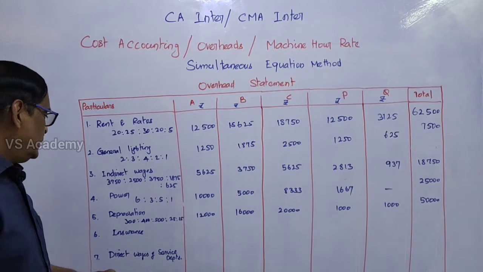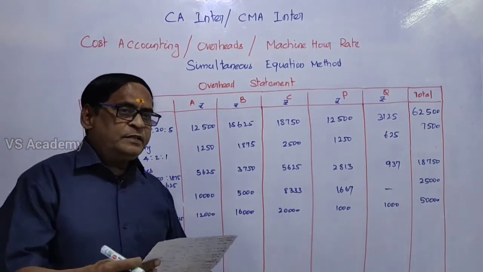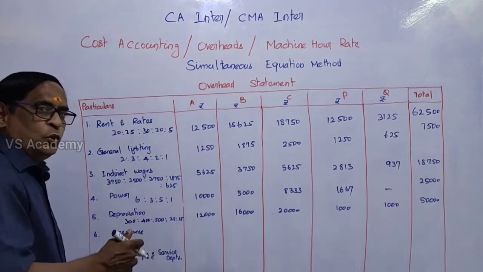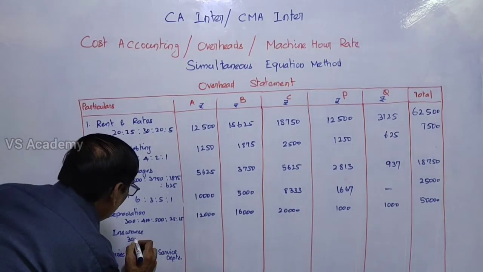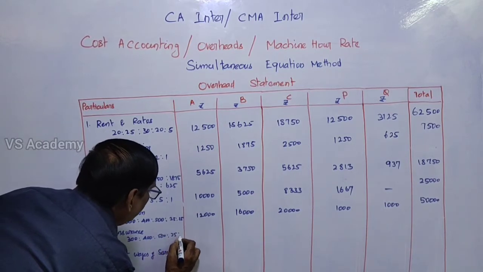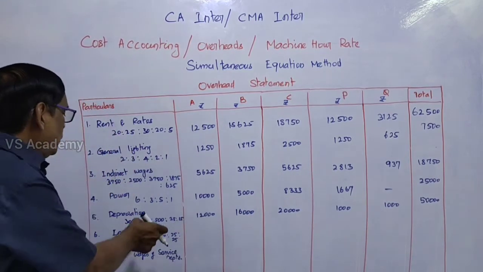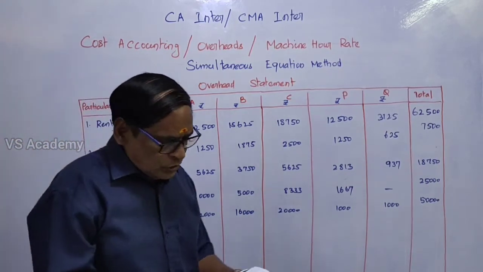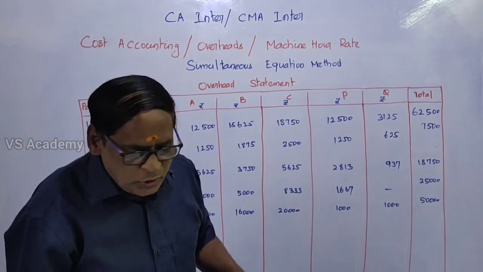And then insurance. On what basis? The value of machinery, the cost of the machinery. So you can write the same ratio, 300, 400, 500, 25, 25. So the total will be 1,250. What amount is given in the question paper? Insurance, 20,000 rupees.